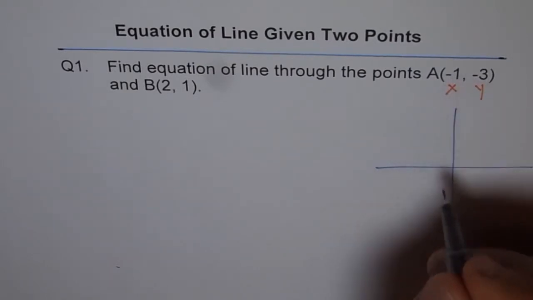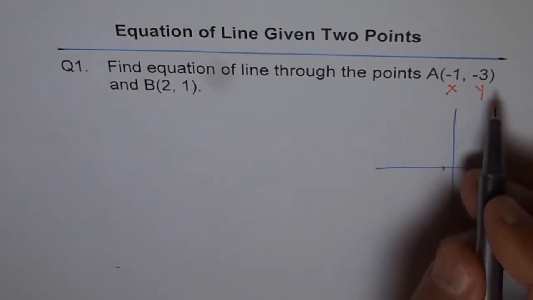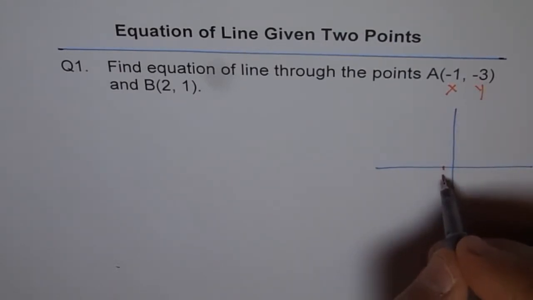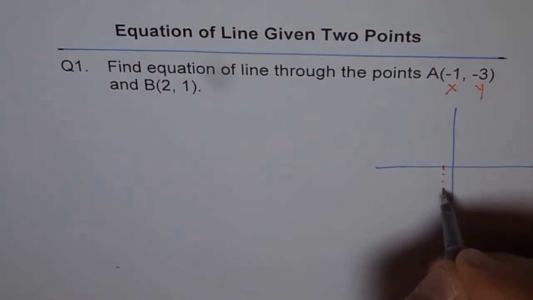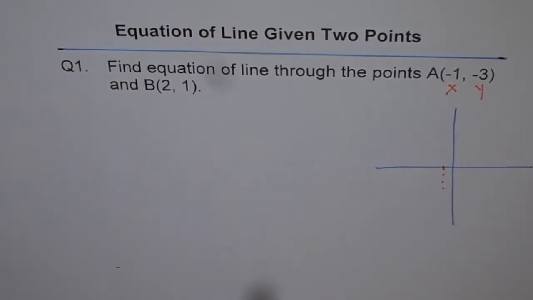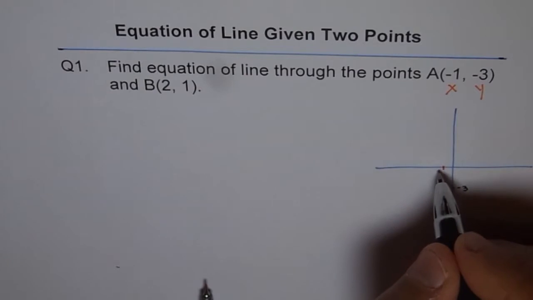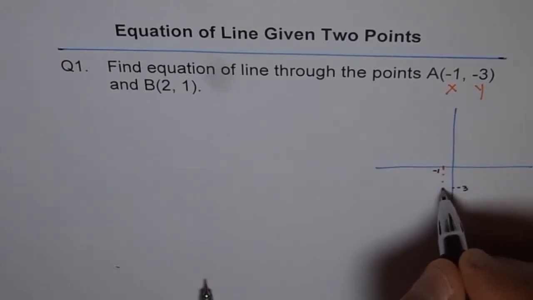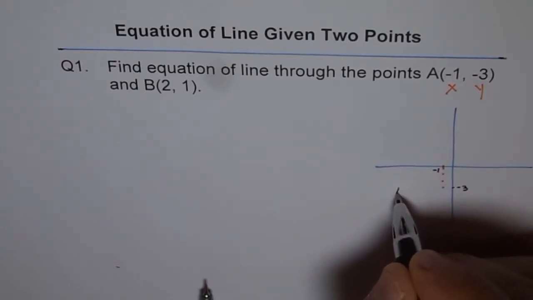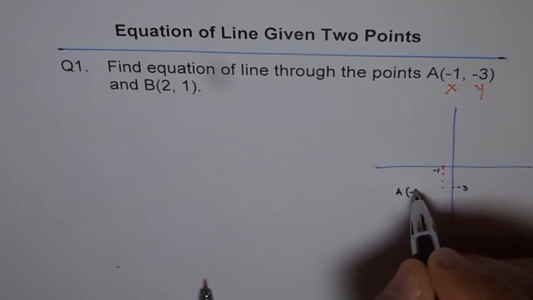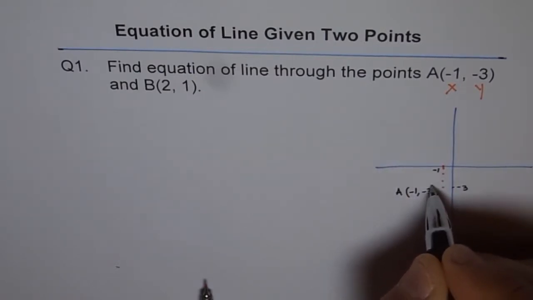So -1: let's go 1 unit here. -3 means 3 units down. So 1, 2, and 3. So that is 3 units down for us. This point is at -3, and this is at -1. And therefore this point is A, which is (-1, -3).